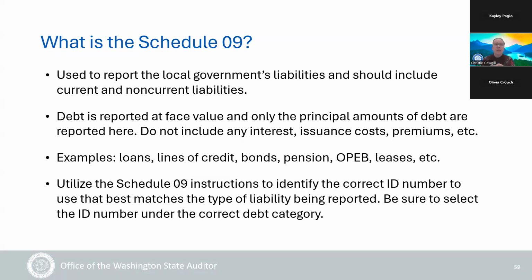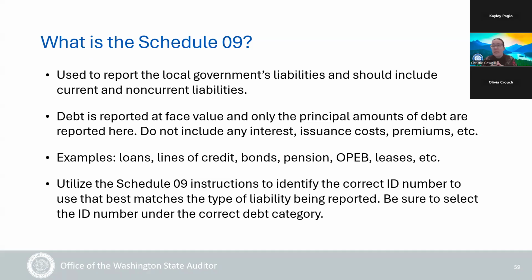Let's move on to the Schedule 09, also known as the Schedule of Liabilities. As the name suggests, this is used to report local government's liabilities. Both current and non-current liabilities should be reported. When reporting debt, it is reported at face value and only the principal amounts of the debt are reported.